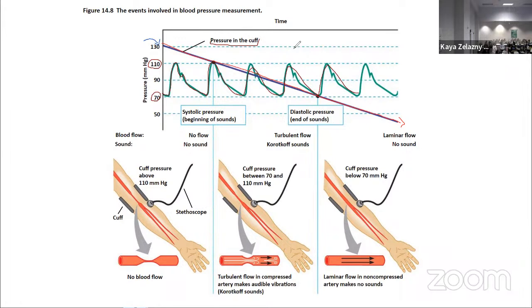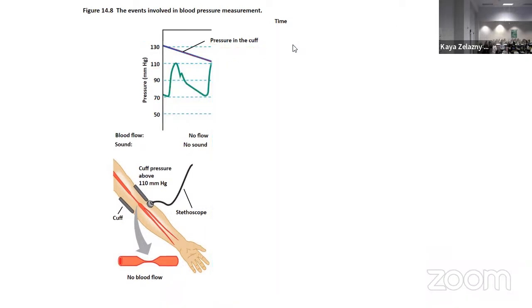Okay, so we're going to take this piece by piece. So when we start out, we're starting out with really high pressure in our cuff. We've deliberately pumped enough pressure into the cuff that we have compressed that blood vessel. No blood is going through it. And that's important because otherwise we wouldn't be able to get our top measurement, okay?